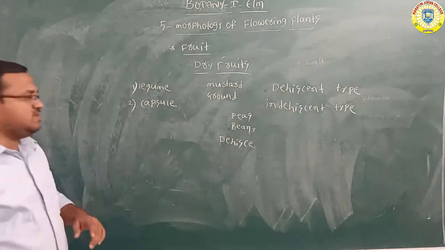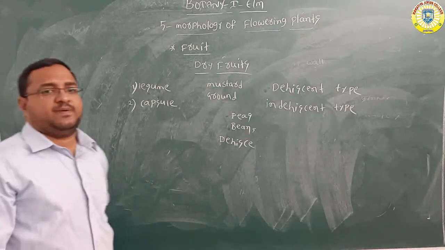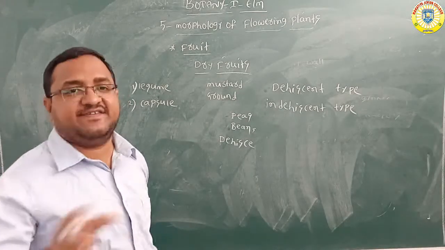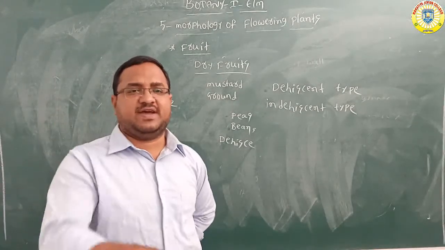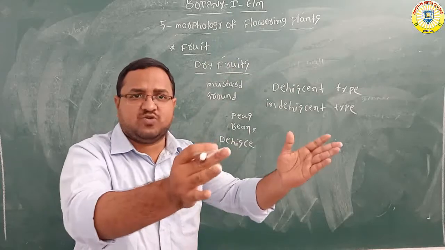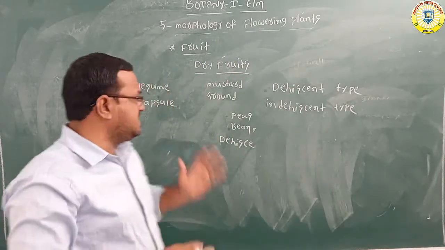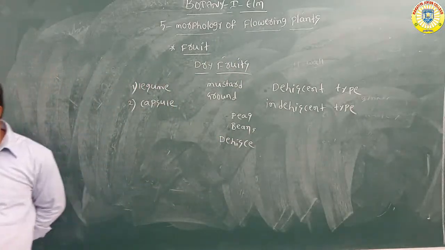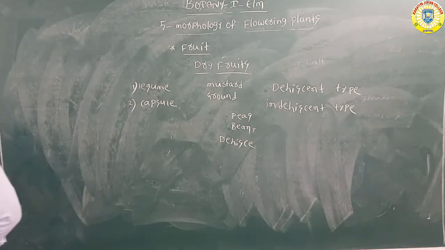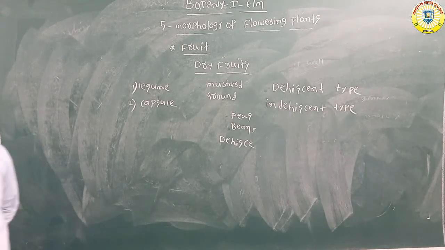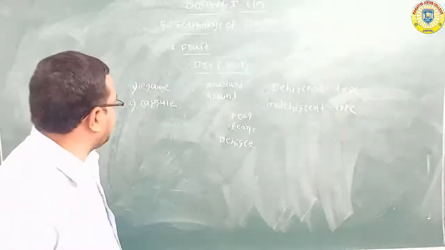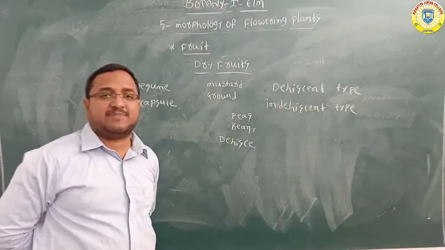Okay. Next, capsule. In the capsule, the pericarp dehisces in different ways, not in a proper way, not dorsiventrally, not in equal halves. The pericarp breaks up in different manner and the seeds are released outside, not in a particular manner.